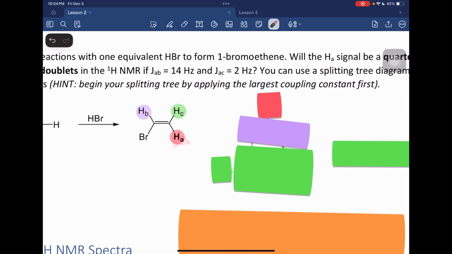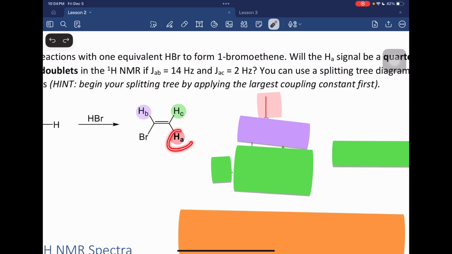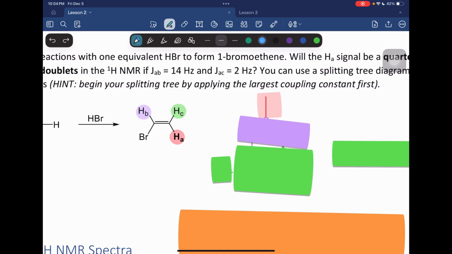And remember, when we write AB, it's A being split by B. Red corresponds to the starting HA, HC is going to be the green, and then HB is going to be this one.